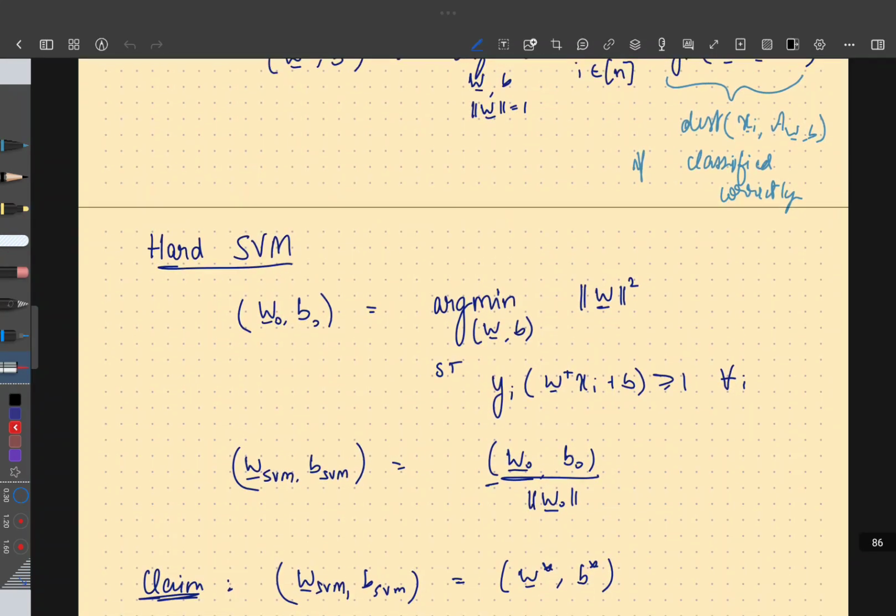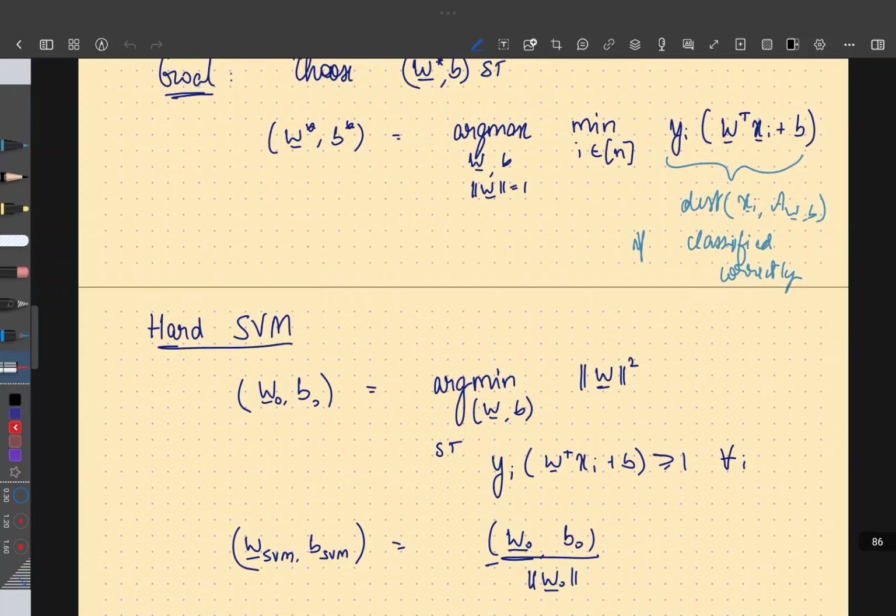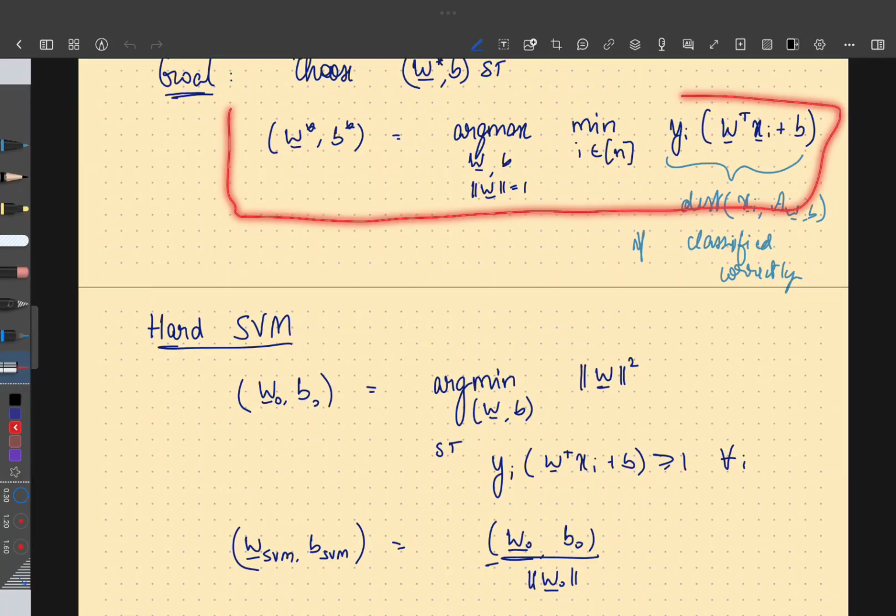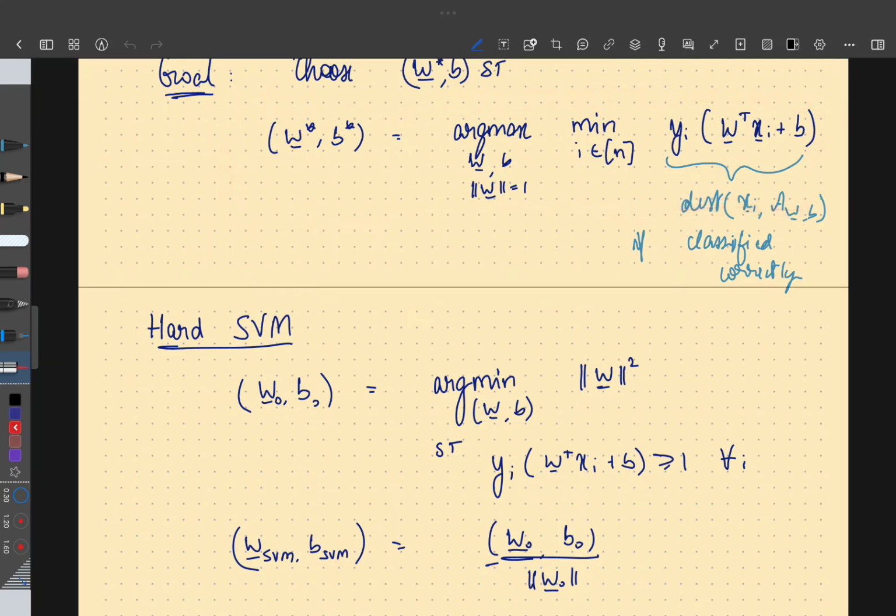And for this, we came up with the following hard SVM problem. Now, the problem of finding the max margin hyperplane can be posed as an optimization problem, wherein you maximize over all possible classifiers the minimum distance from the data set to the particular hyperplane defined by w comma b.